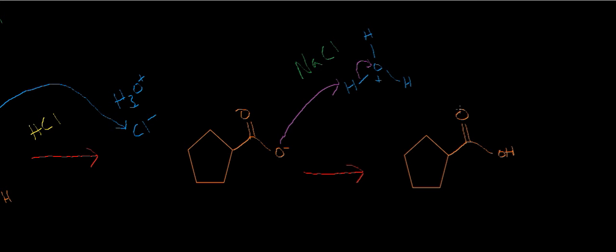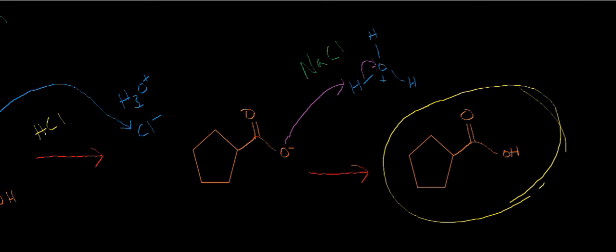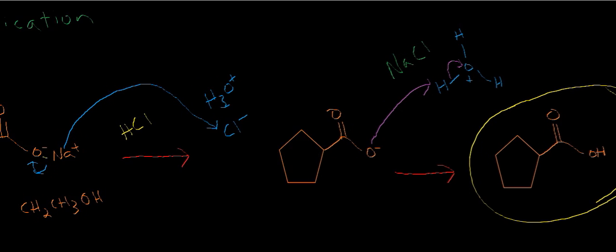I'll let you look at that in its entirety, but this is the final structure that I'm sure you wanted to figure out, and this is how we got there.